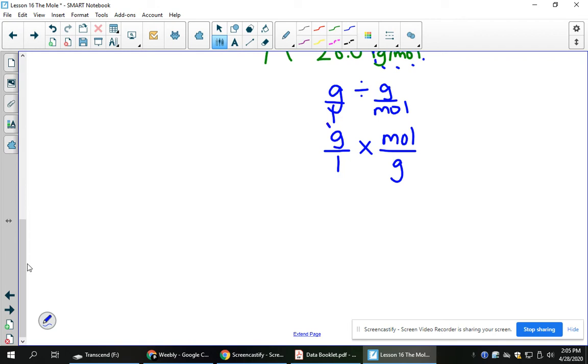Same thing on top and bottom of a fraction that's multiplying can cancel. So what do we have here? We have moles over a 1, which we don't even have to write. In chemistry, you should be able to analyze the units and know if you've calculated everything correctly, because the units should end up being exactly what you want them to be. We were looking for number of moles, so we should have gotten moles.